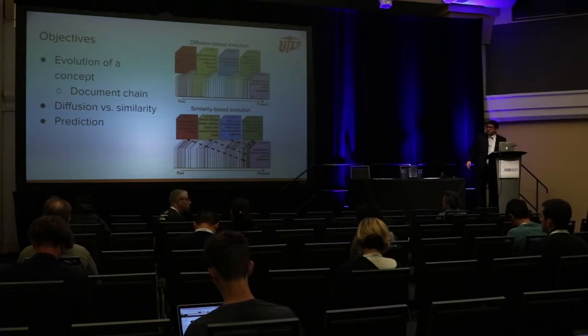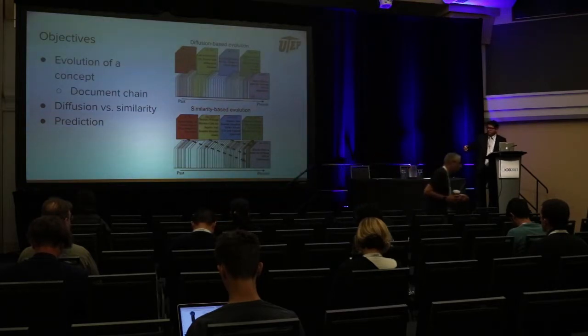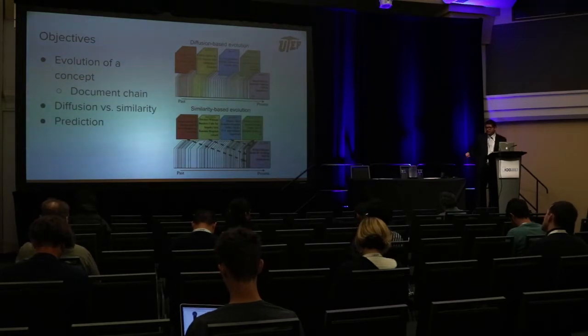And what we mean by diffusion is that we want an idea to basically diffuse in time. So something that happened 5 years ago will matter less to a current event than something that happened 1 year ago, right?